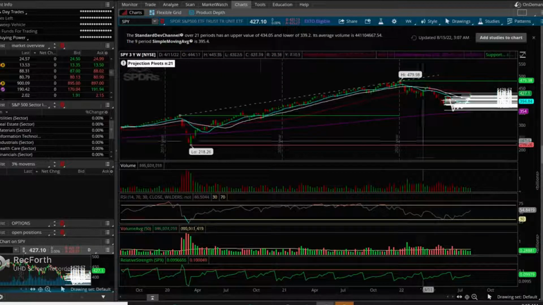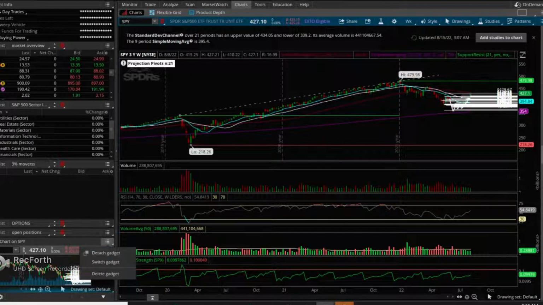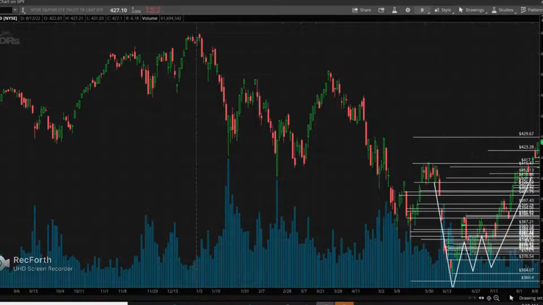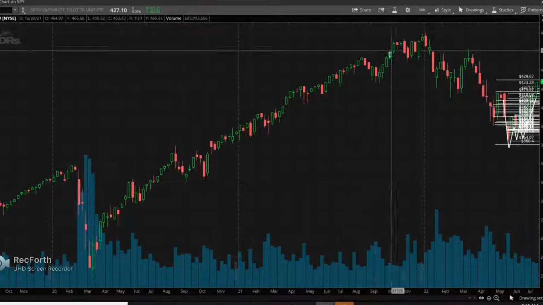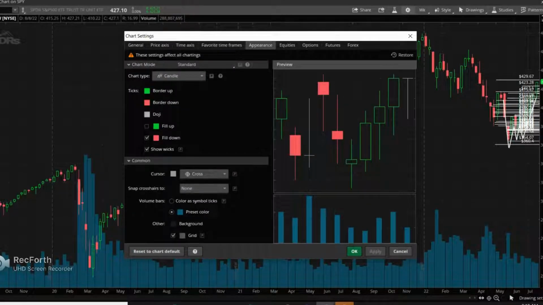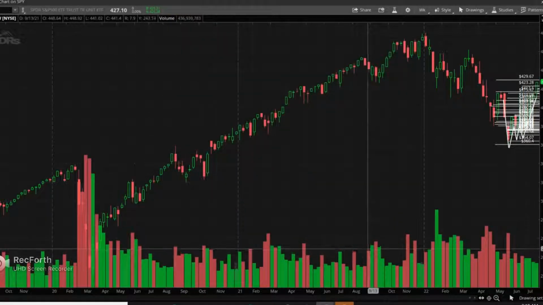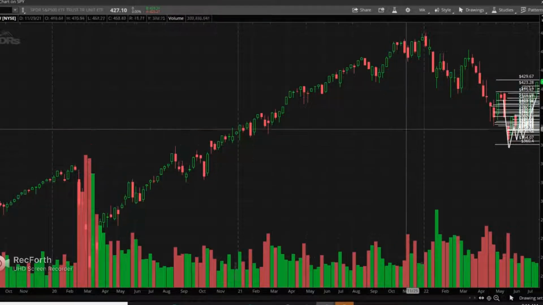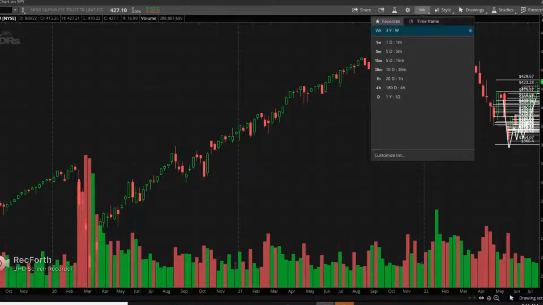I'm going to switch to this one so that you guys can see it better. I'm actually going to change these bars because I cannot stand when they are blue. Okay, so here we are on the weekly time frame.